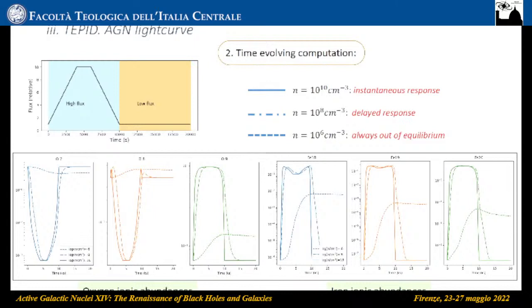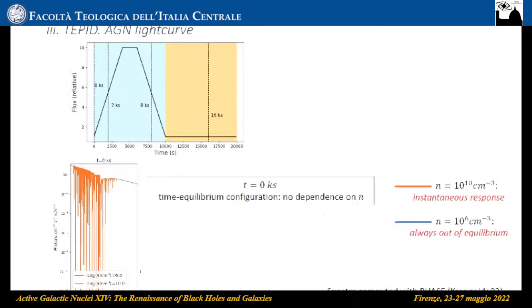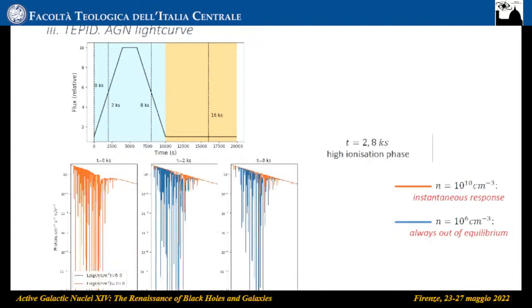Here you can see the resulting spectra. In orange you have the instantaneous case, so 10 to the 10, and in blue the low density case. At the beginning they are in equilibrium at time 0 by the initial condition hypothesis, so there is no dependence on the density. Then when you go to 2 and 8 kiloseconds, which are the midpoints of the rise and the fall of the light curve, you see that the 10 to the 10 gas is able to respond to the higher flux, so it is more ionized and its opacity drops, and you can see that there are weak absorption features.